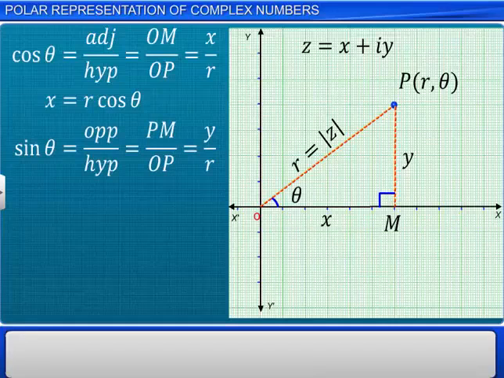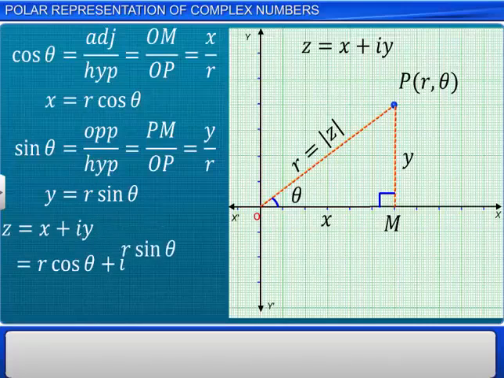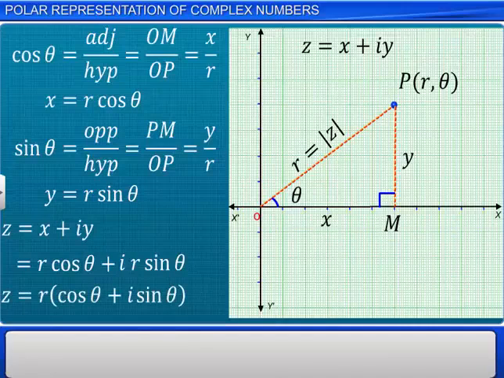Therefore, y is equal to r sin theta. By using these results, the complex number z equal to x plus iy can be written as r cos theta plus i r sin theta. By taking r as common, we get r multiplied by (cos theta plus i sin theta).